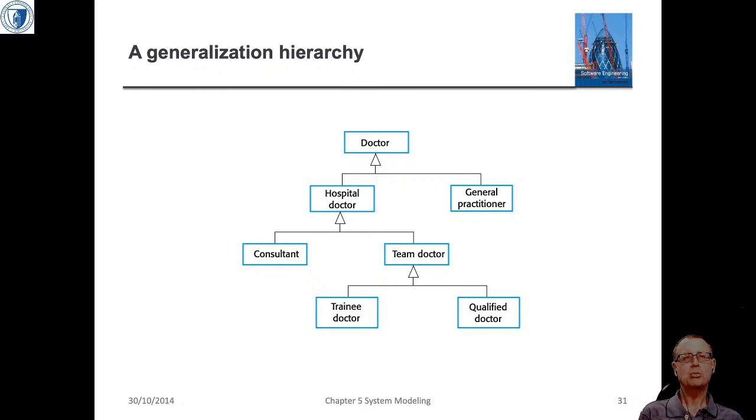The general practitioner is a type of doctor, the hospital doctor is a type of doctor, the consultant is a type of hospital doctor who's a type of doctor, the team doctor is a type of hospital doctor, the trainee doctor is a team doctor, is a hospital doctor, is a doctor. The qualified doctor is a type of team doctor, which is a type of hospital doctor, which is a type of doctor. Okay, that's inheritance.